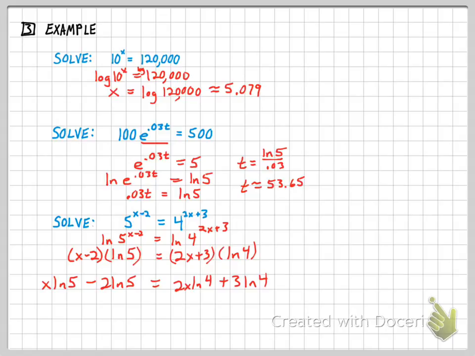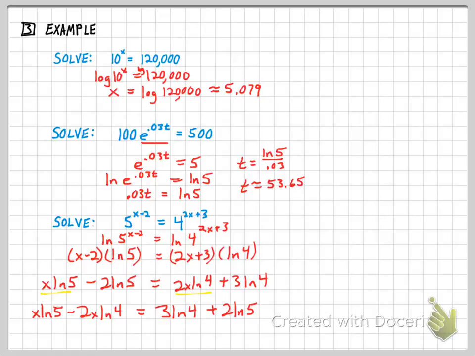A lot of people want to pull out their calculators and get decimals for all this stuff, but basically you want to look for your like terms. In this case, these two terms are like terms, and put those on the same side of the equation. So I'm going to write x log 5 minus 2x log 4, and then the other terms I'm going to move to the other side. So you have 3 log 4 plus 2 log 5.